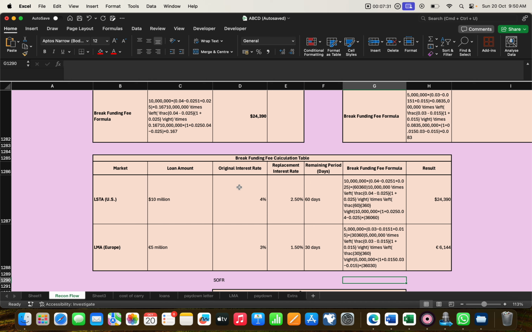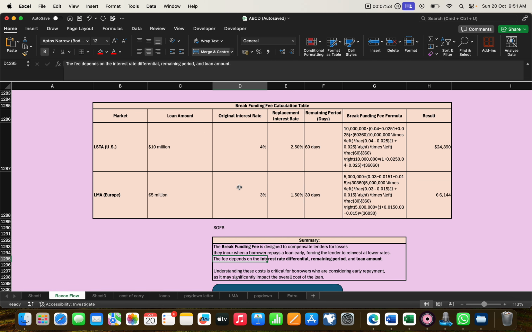This will be really helpful. You just have to change the number of days the contract is in existence, and then the replacement rate, everything is mentioned in the contract note, the drawdown contract note. Accordingly you can calculate it, but the formula remains the same.